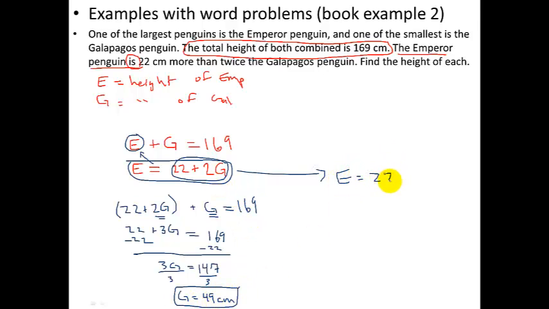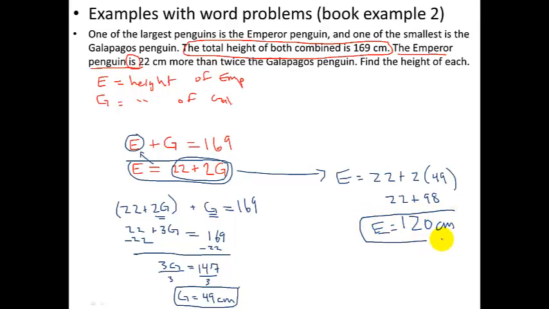So 22 plus 2 times 49, that's 22 plus 98, and that's 120 centimeters. So an emperor penguin stands 120 centimeters tall, and a Galapagos penguin stands 49 centimeters tall. And you can add those together, and of course they do equal 169, so we know the answer is correct.